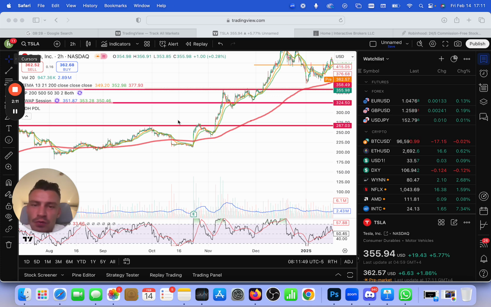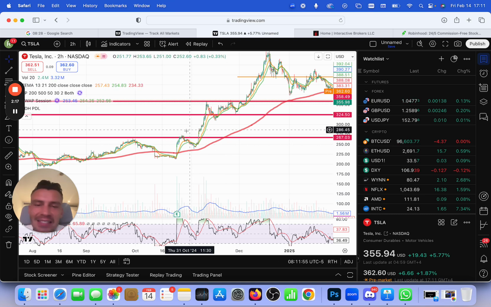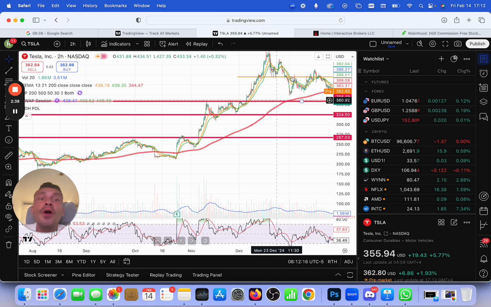Let's say you saw something very bearish on this chart, but whatever you saw was bearish, it doesn't matter, because Trump won the election, Elon Musk was one of his right hands, and the stock just went parabolic afterwards. So focus on news. I will also summarize all of that at the end of the video, but focus on levels, focus on news, and start to trade. Now, where to start trading?